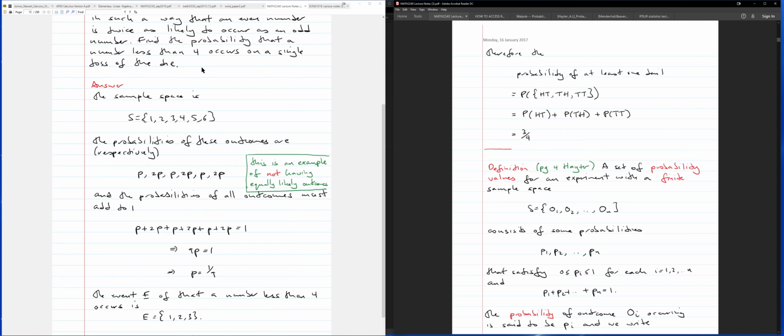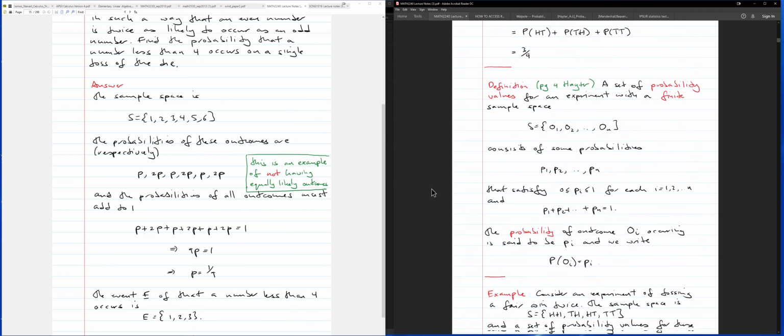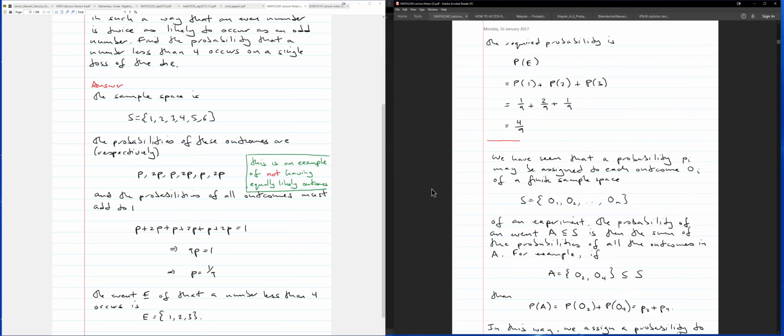Okay, so now let's answer the question. We want the probability that we get a number less than 4. So the event of a number less than 4 is a subset of my sample space, which is 1, 2, 3. And what we want now is the probability of this event.